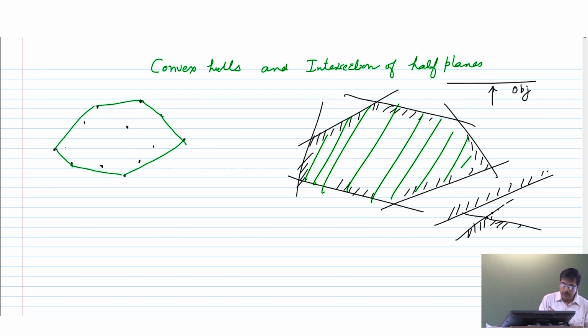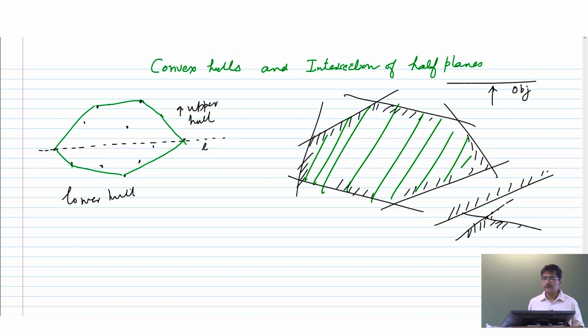You know about the upper and lower hull. If I take the leftmost point and the rightmost point and draw a line through them like this, then this portion is called the upper hull, and this portion is called the lower hull, right. You must have seen this definition, no?